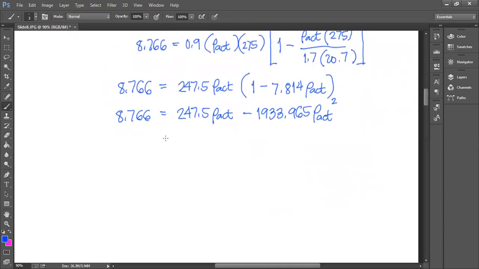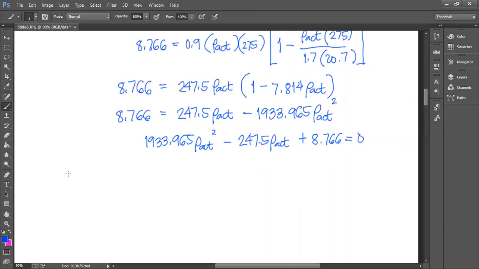Ngayon, we can simplify yung equation na we have: 1933.965 raw actual squared minus 247.5 raw actual plus 8.766 is equal to 0.